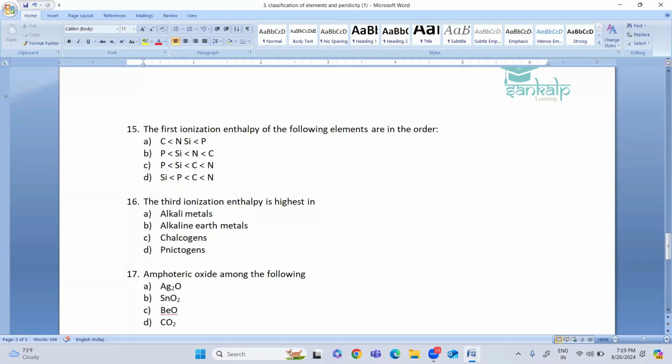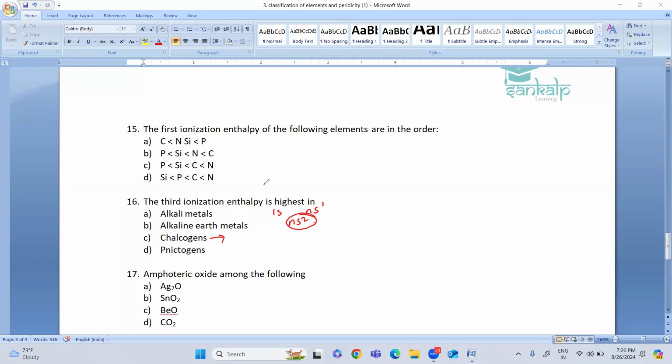So the third ionization enthalpy. Now alkali metals, what is the electronic configuration? It is ns1. Alkaline earth metals is ns2. Chalcogens are what? Carbon containing compounds. And pnictogens means your nitrogen compounds. Now when we compare the alkali and alkaline earth metals, alkaline earth metals is ns2.